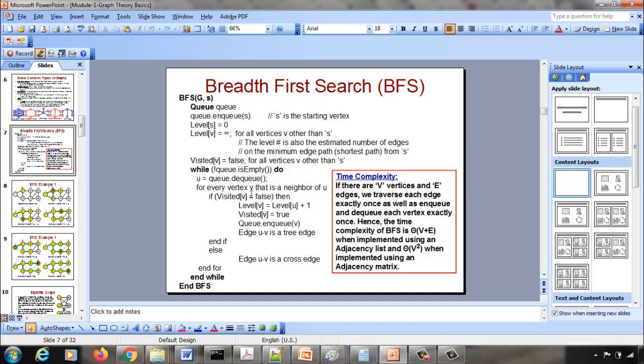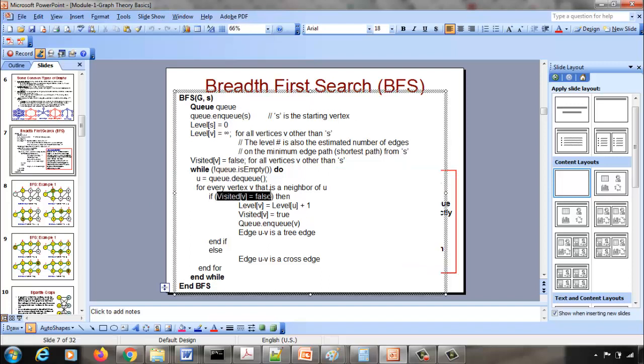You pick every neighbor that has not yet been visited. So if visited of v is false, meaning the neighbor has not been visited, you mark it as visited.